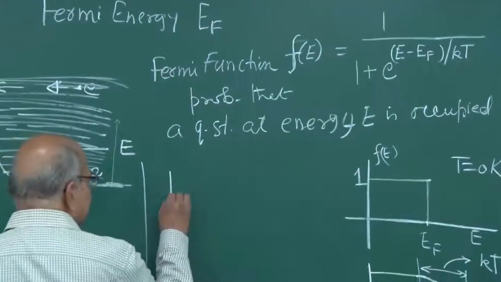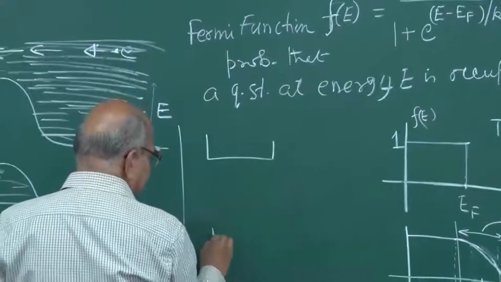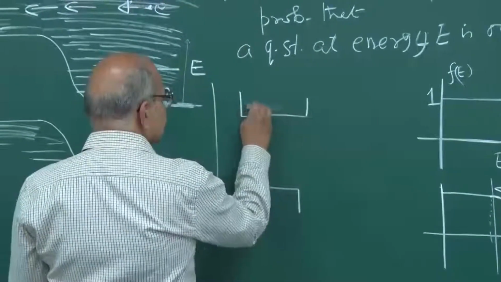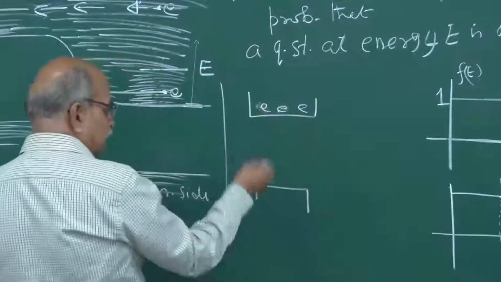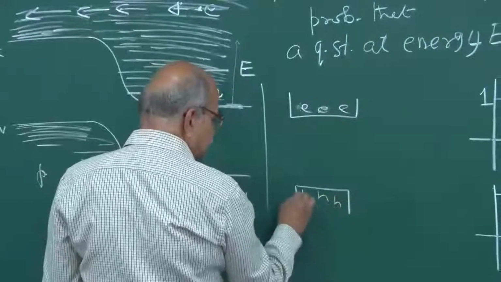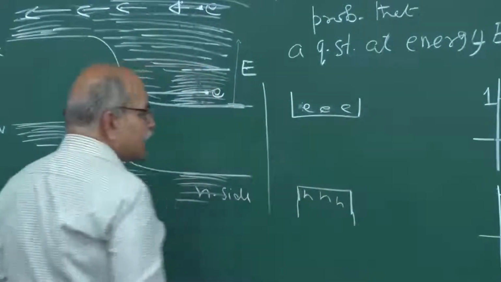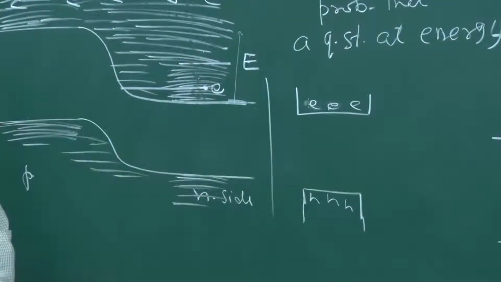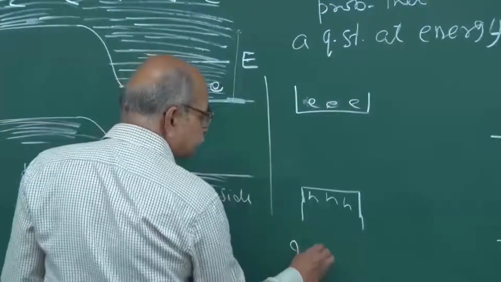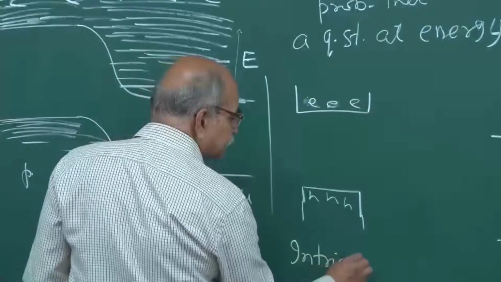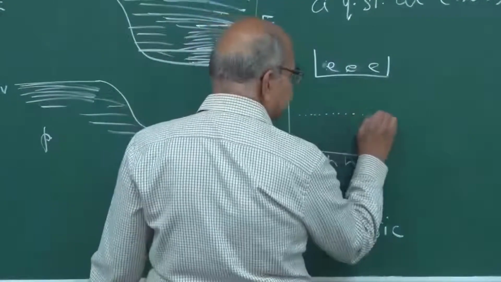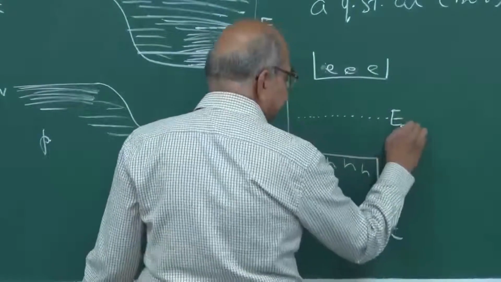In an intrinsic semiconductor, you have a small number of electrons here only because of thermal effects: some electrons jump from there to there, and you have some holes here. Where is the Fermi energy? This is intrinsic, so the Fermi energy is almost in the middle. This is EF.